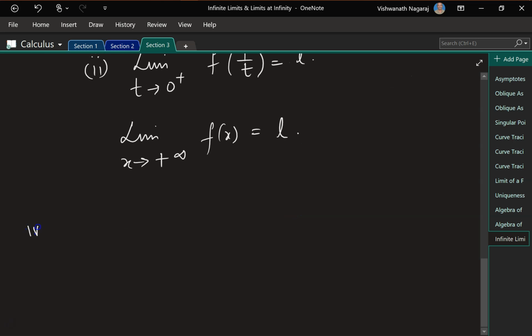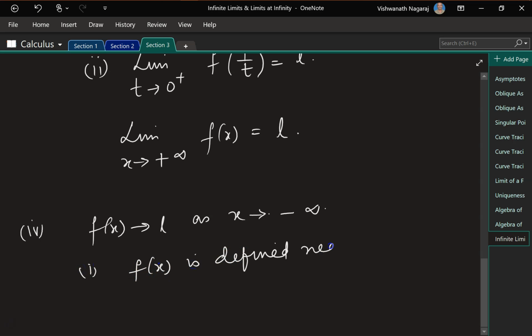Okay, fourth one. Now when we say f of x approaches a limit as x approaches minus infinity, what we mean is f of x is defined near minus infinity. That is, for all x less than k belonging to the set of negative real numbers.